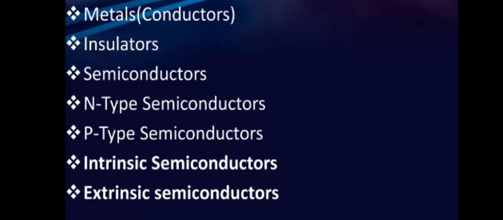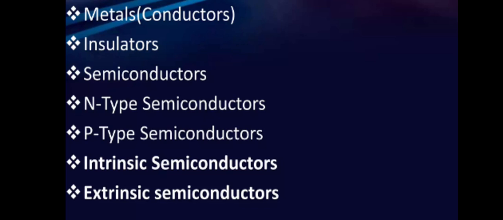N-type semiconductors. These N-type semiconductors are made by adding atoms with extra electrons. P-type semiconductor, made by adding atoms with fewer electrons.